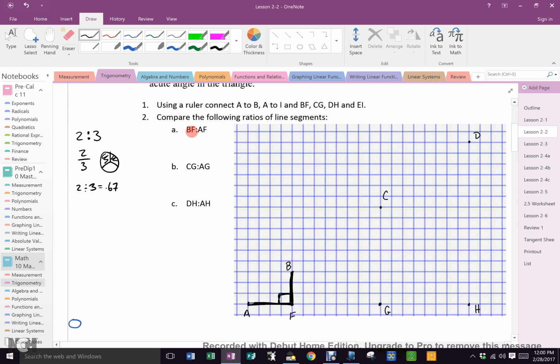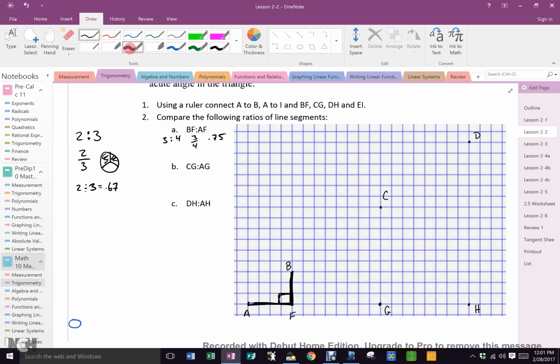How far was it from B to F? 3. And how far was it from A to F? 4. Now how else can we write that? We can write it as 3/4, or we can write it as 0.75. Is everybody cool with that? It's easy peasy, right?